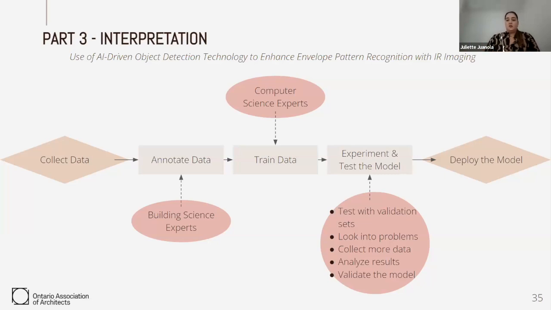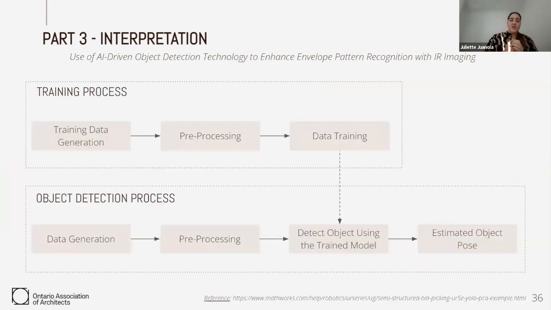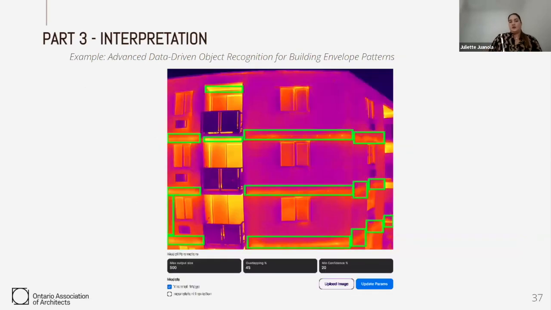Once the model is validated, it is deployed and it can be implemented in the analysis process. And then engineers will only have to review the images to make sure that everything is right. And this technology can really be a major breakthrough, as this can lead to the analysis of more data in very little time. So this is really, really interesting technology.